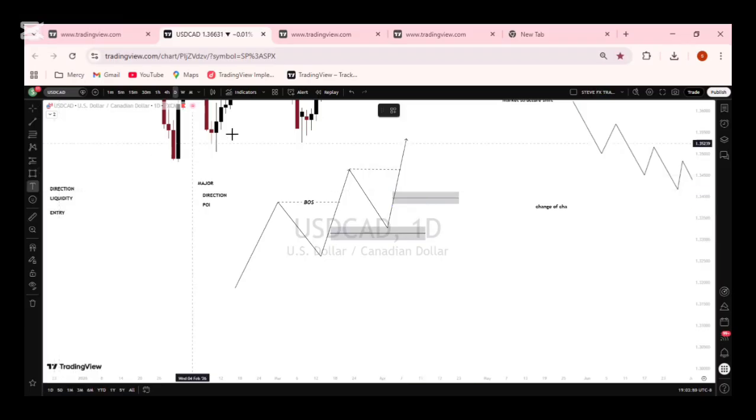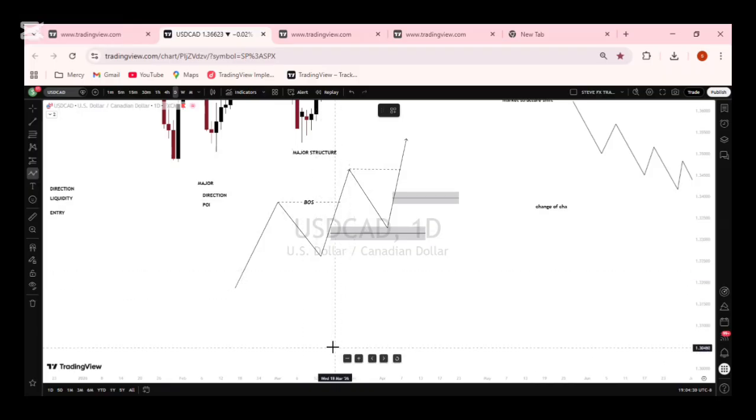Now we go on to the next one, which is the change of character. We will go on to discuss the change of character. Like I said, a change of character occurs when the market breaks a major low in the opposite direction.